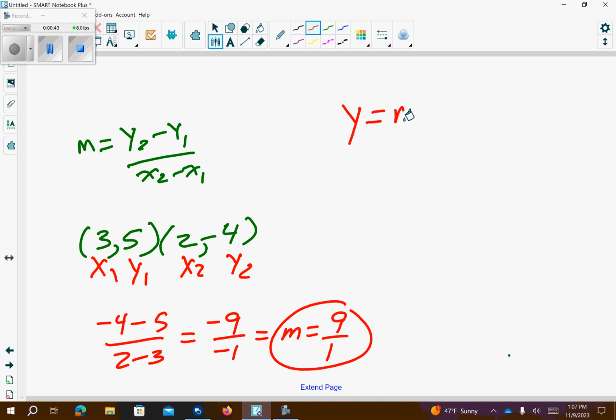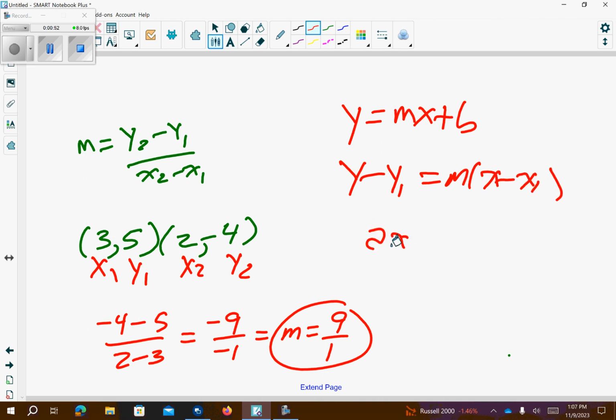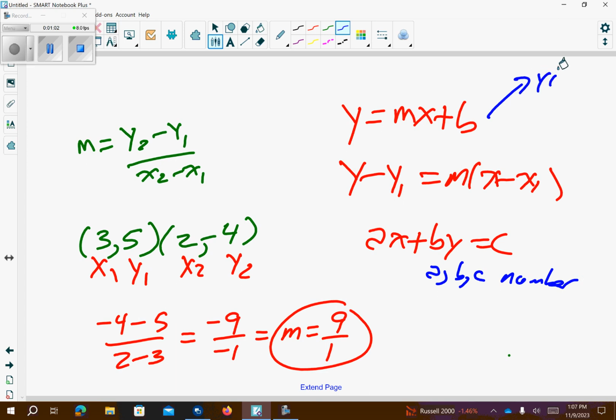Also, we have this equation, y equals mx plus b, and then I have y minus y1 equals m times x minus x1, and then I have ax plus by is equal to c. A, b, and c here are numbers. This would get me the y-intercept at 0, comma b. Notice the b does not change its sign, and then I have the slope that's given.